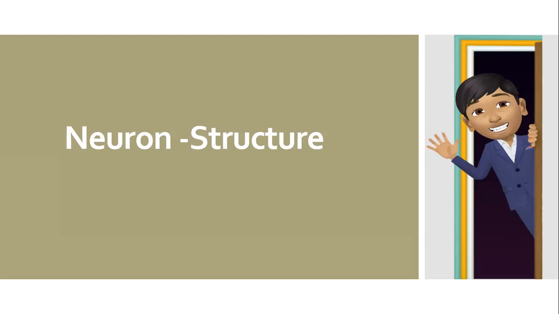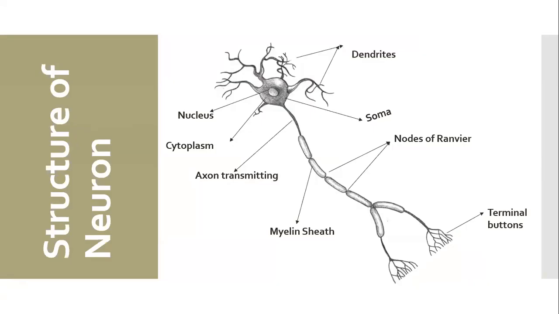Billions of neurons constitute a nervous system. So this is a typical structure of a neuron, and it has a few important parts which we have to remember, and these parts play a key role in the functioning of the neuron.